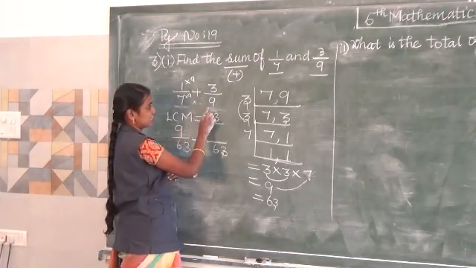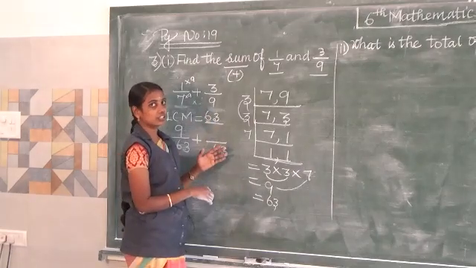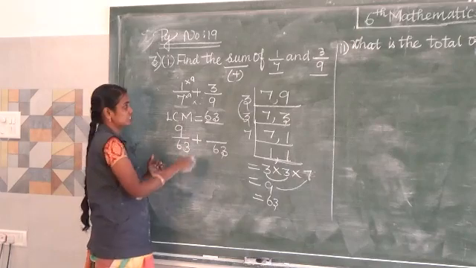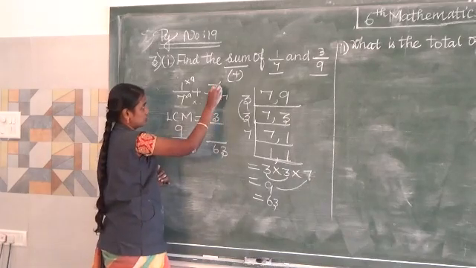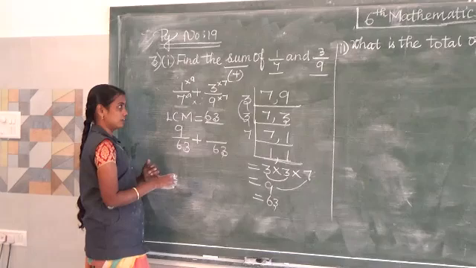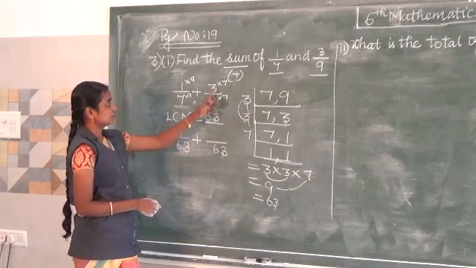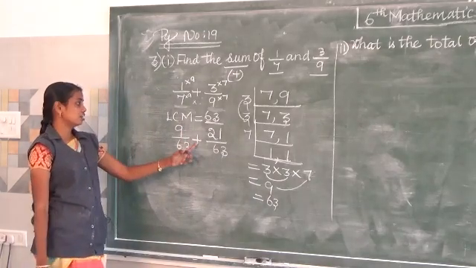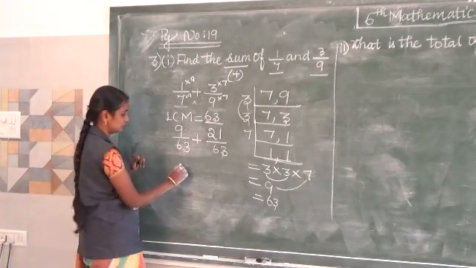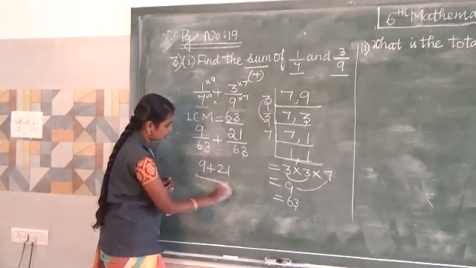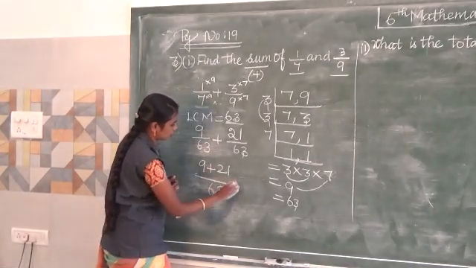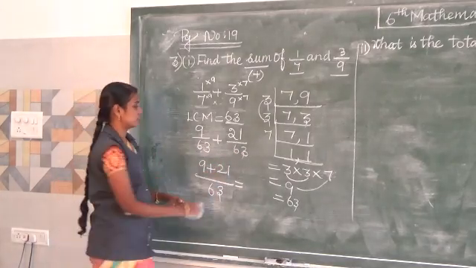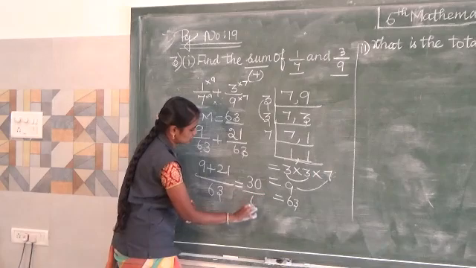Then for 9, we go in the 9 table: how many times will 63 come? 7 times. 9 into 7, so here also multiply by 7. 9 7s are 63, 3 7s are 21. Now you can add only the numerators. 9 plus 21, denominators are the same, so write only once. Don't add the denominators. 9 plus 21 is 30 by 63.